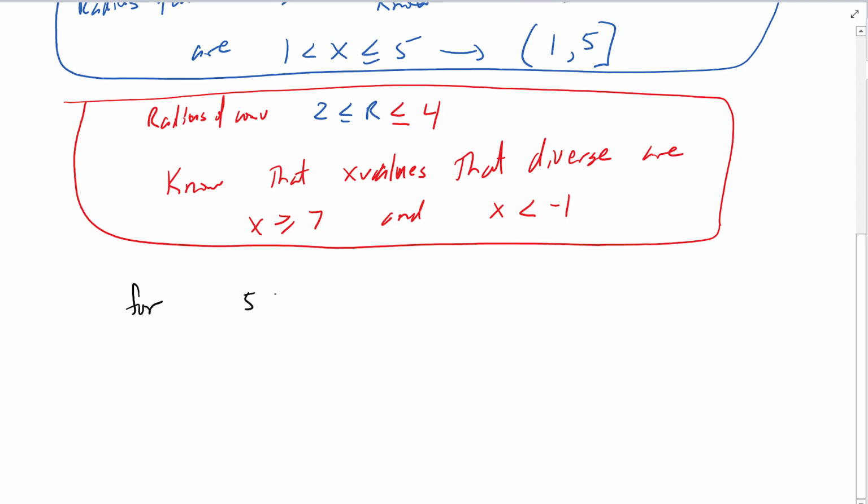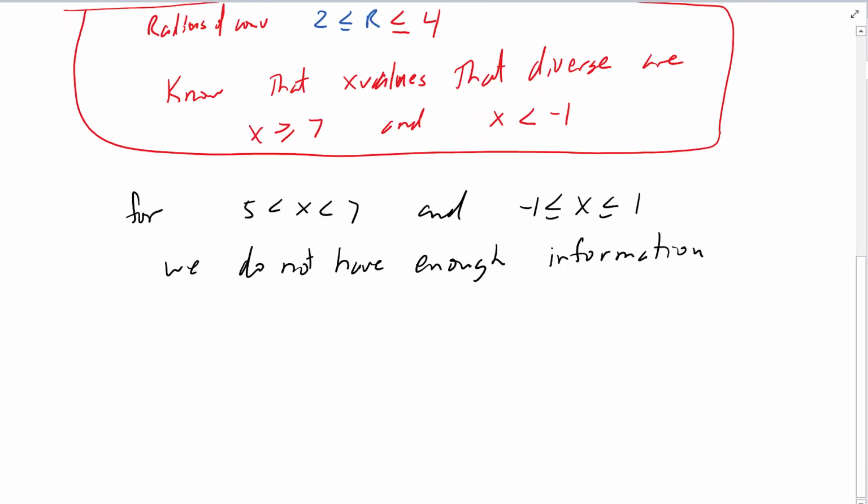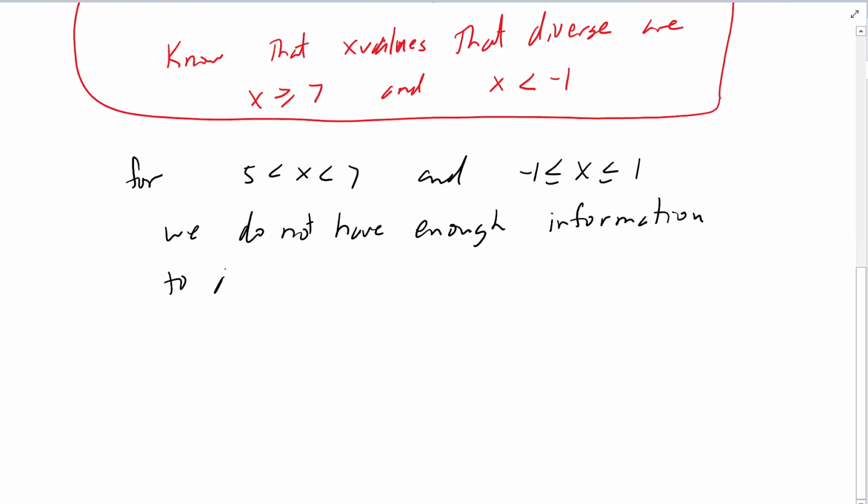So for 5 less than x less than 7 and -1 less than or equal to x less than or equal to 1, we do not have enough information to decide convergence or divergence.